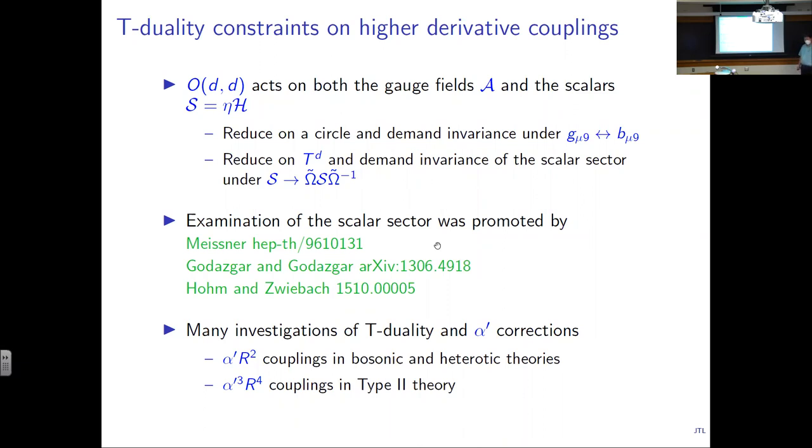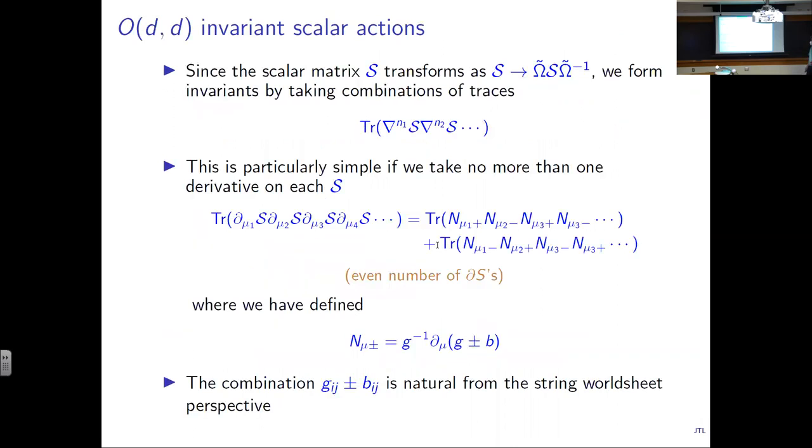But of course, you can do T-duality on a single circle. You don't have to reduce all the way down to one time dimension. You can look at T-duality with double field theory, which some of these people like to do. And there's been a whole bunch of explorations that I'm not even listing here on T-duality and higher derivative corrections. So I'm only telling part of the story, I suppose.